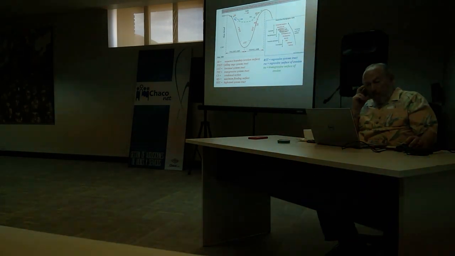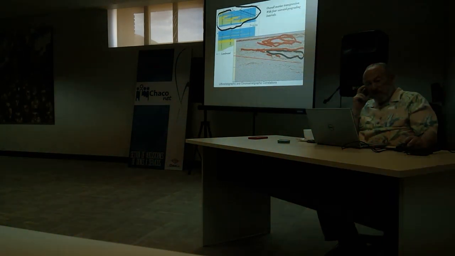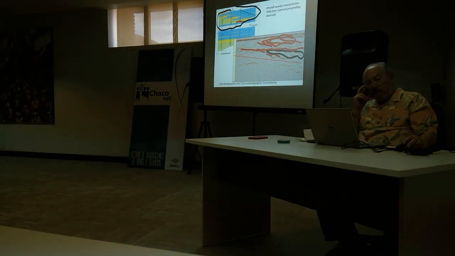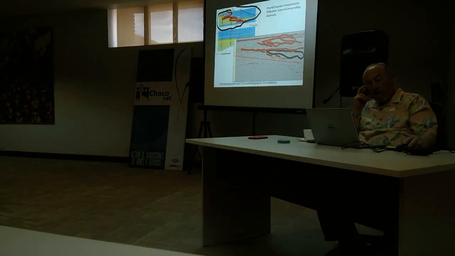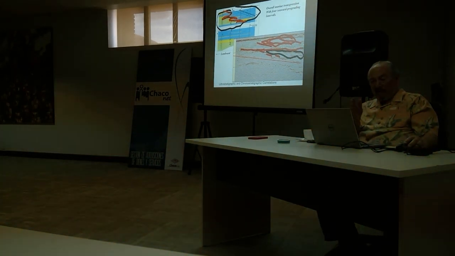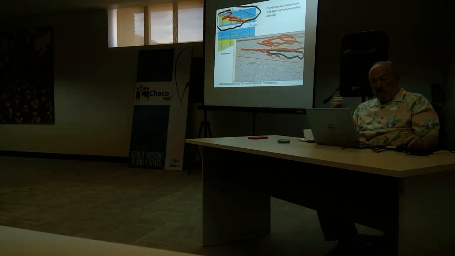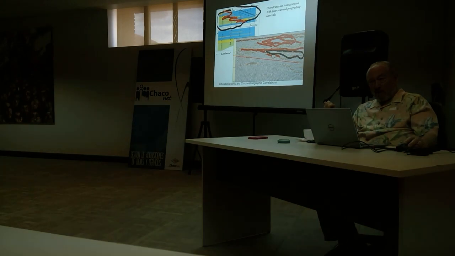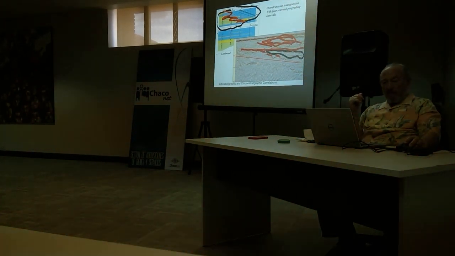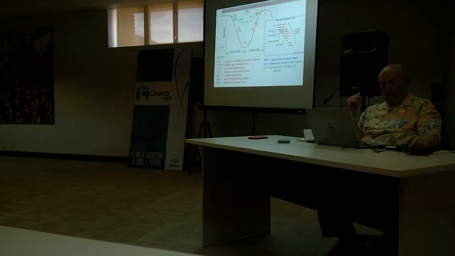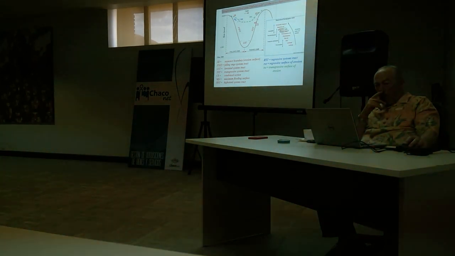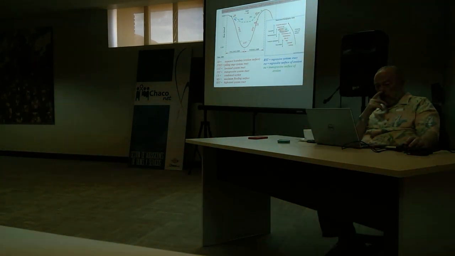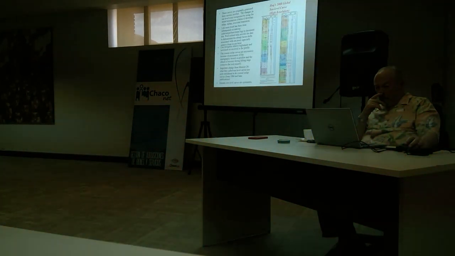I want to go back now to this idea of these different frequency of occurrence of cycles. Progradation, transgression, progradation, transgression, and so on. Let's see, where are we?